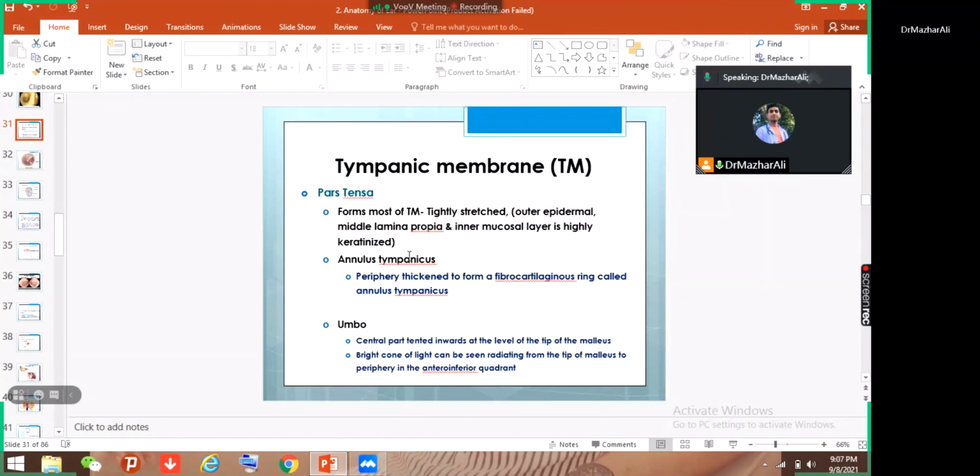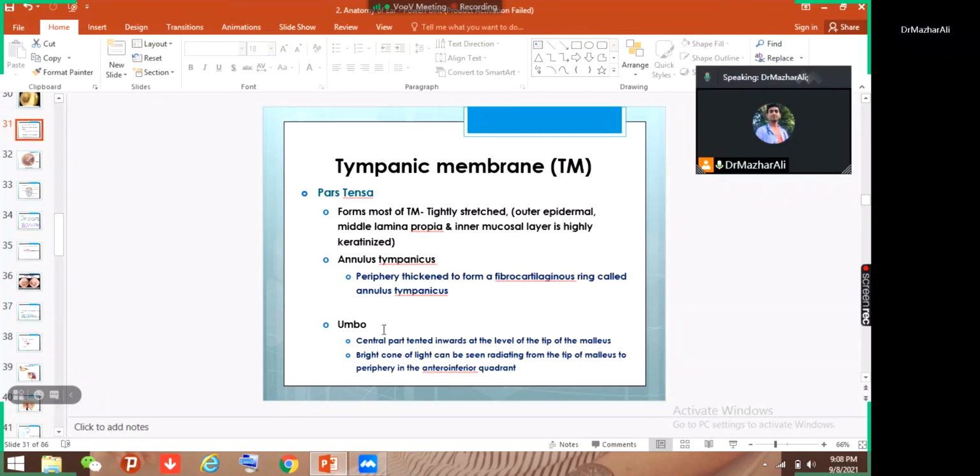The periphery is thickened to form a fibrocartilaginous ring called the annulus tympanicus. And the umbo, which I already told you, is the central part that is tented inward toward the middle ear at the level of the tip of the malleus.